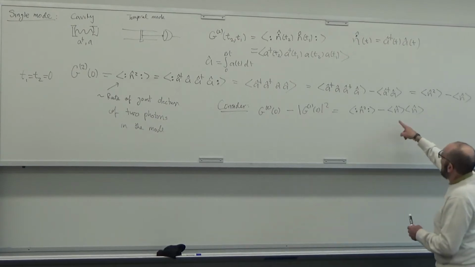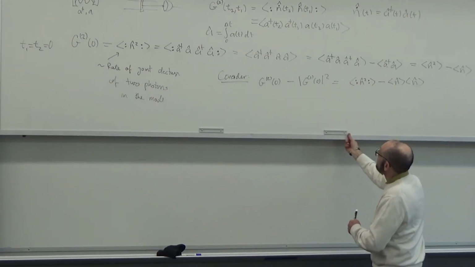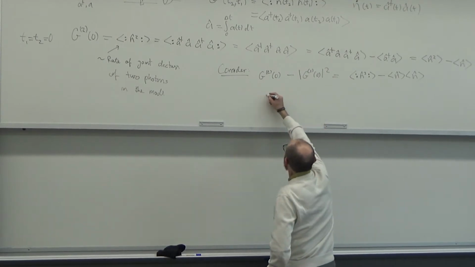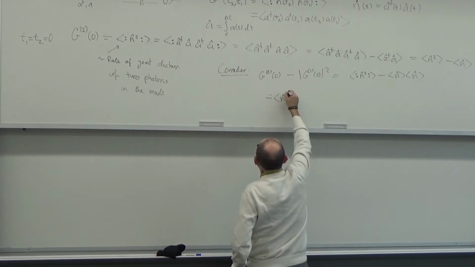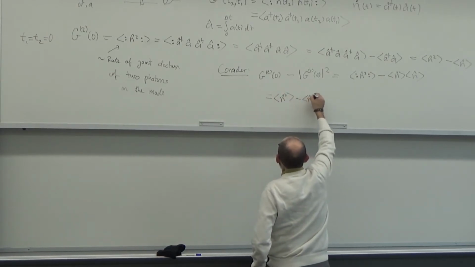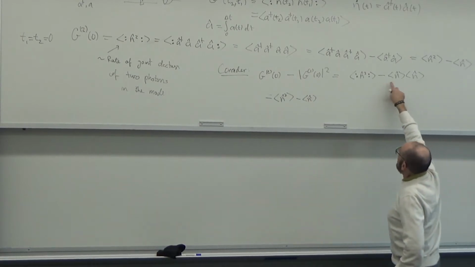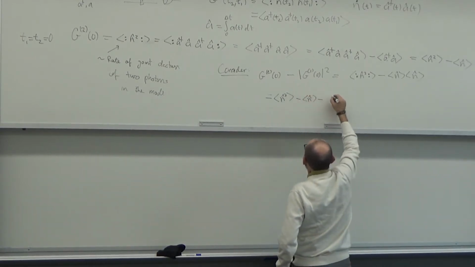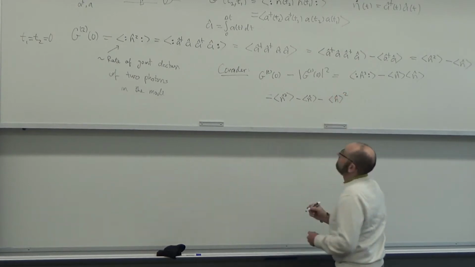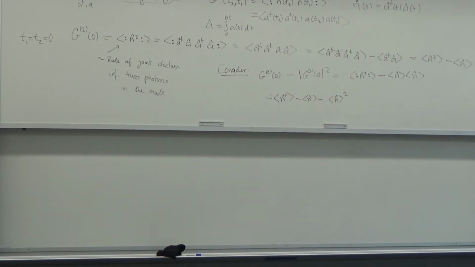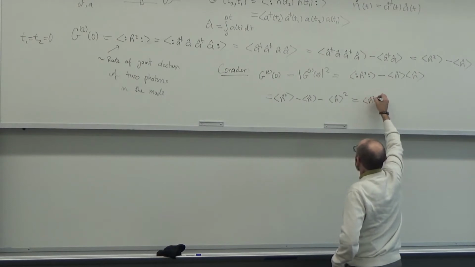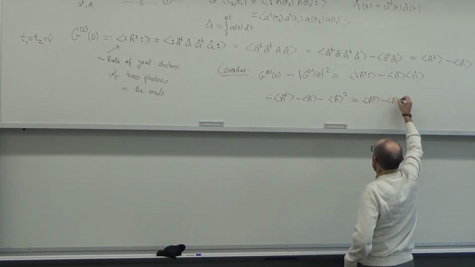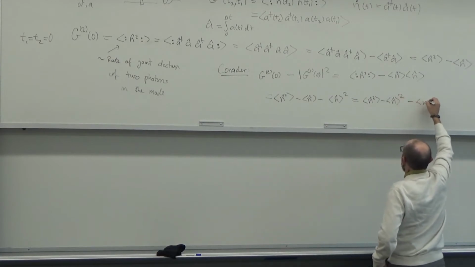Okay? So let's just look at what that object is. Well, we just calculated that up here. So now I can put it together. This is equal to the mean of n squared minus the mean of n. That's what we just said up here. And then I'm going to subtract from that the uncorrelated piece, which is that. And so that is equal to the average of n squared minus the average of n, squared, minus the average of n.